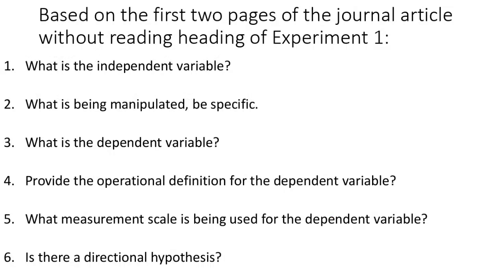You might have an excerpt of a journal article, or even something of a different type, maybe some news article, but basically: what is the independent variable, what is being manipulated, be specific; what is the dependent variable, provide an operational definition for the dependent variable; what is the measurement scale being used for the dependent variable; is there a directional hypothesis?